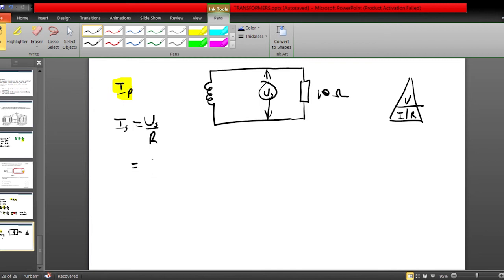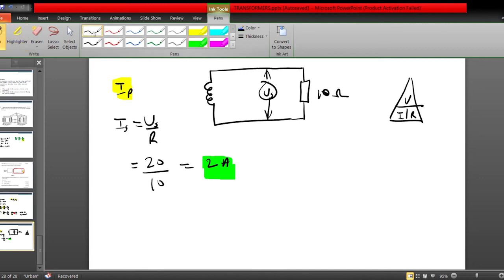Vs is equal to 20 volts divided by 10 ohms, which is equal to 2 amperes. So Is is equal to 2 amperes.